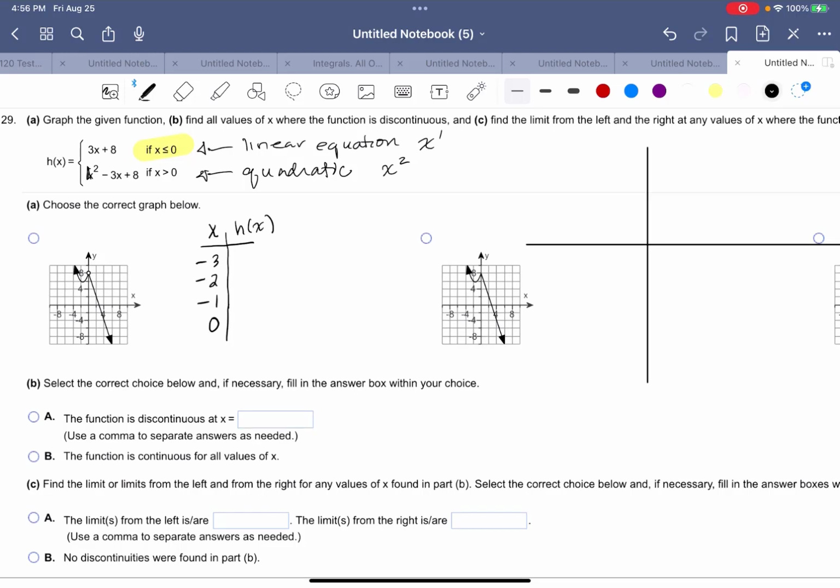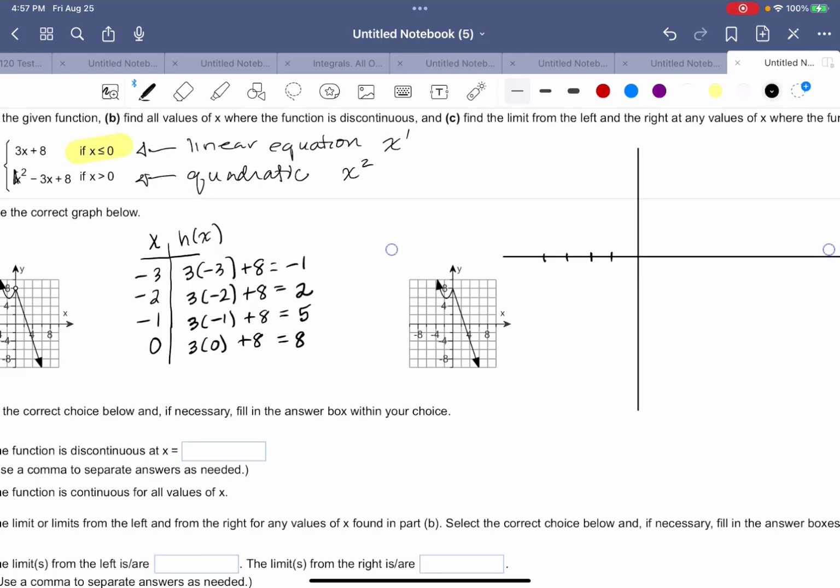So using substitution, 3 times -3 plus 8 will be -1. 3 times -2 plus 8 will be -6 plus 8, which is +2. 3 times -1 plus 8 is -3 plus 8, which is 5. And 3 times 0 plus 8 is going to be 8.